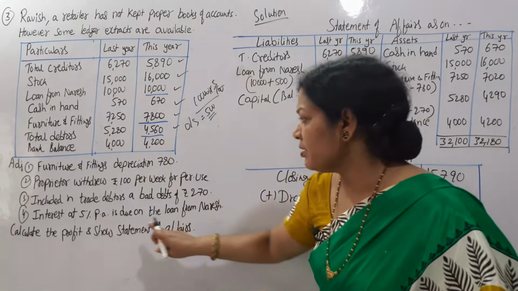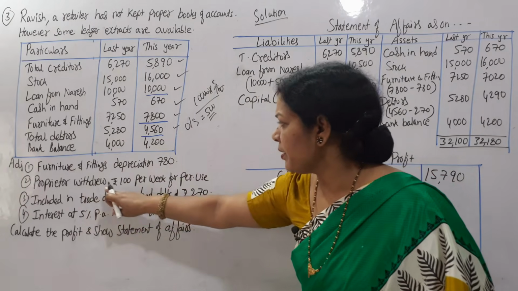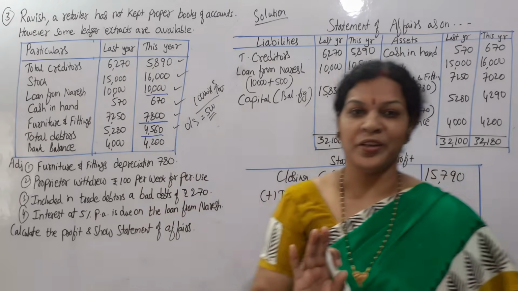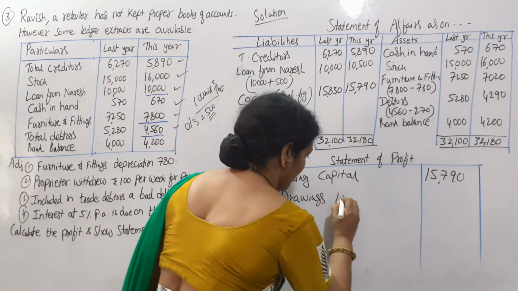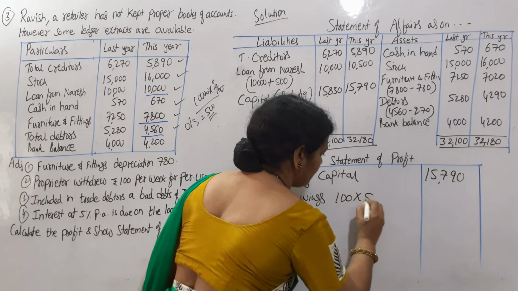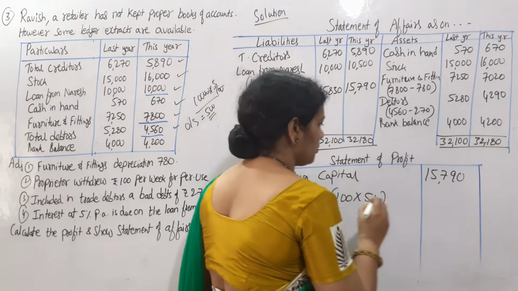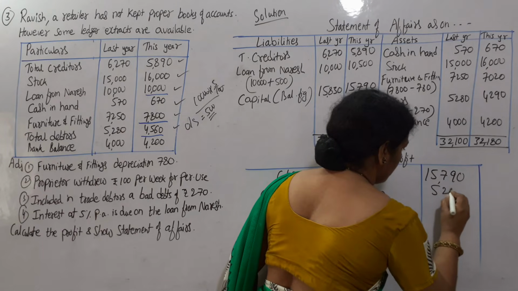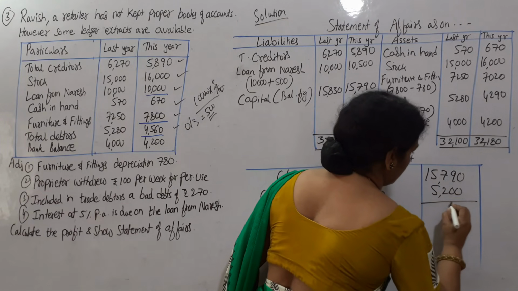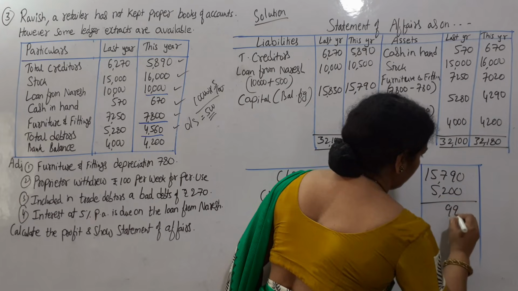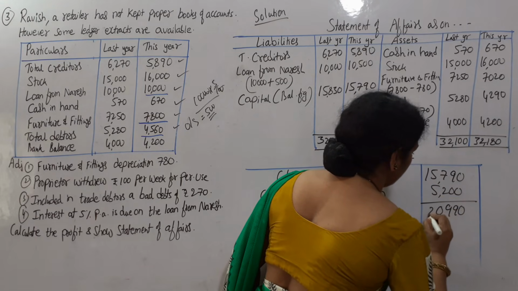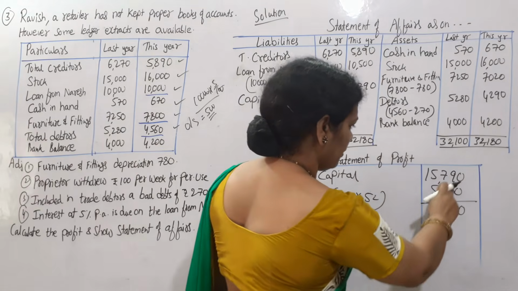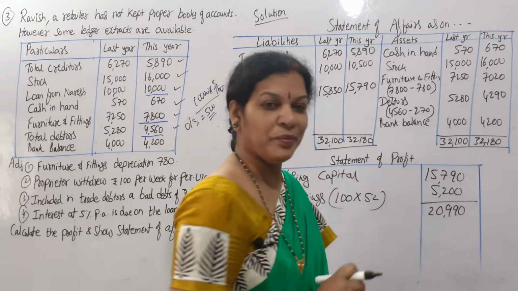Drawings are given: the proprietor withdrew 100 rupees per week. 100 rupees per week means 100 into 52 weeks, 5,200. If we add it, 20,990. Am I right? Yes, I am right.